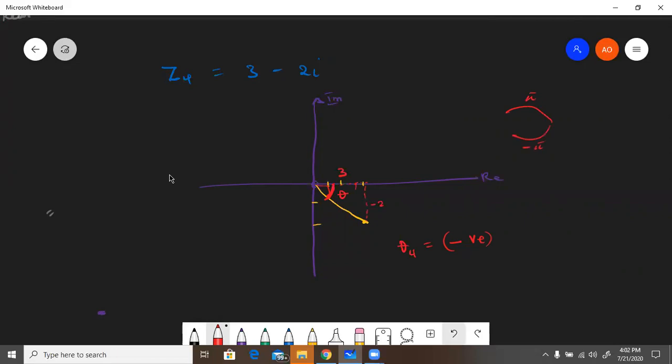So theta 4 will be minus tan inverse of 2 over 3, which is minus 0.5880 rad. That is the answer for this question.